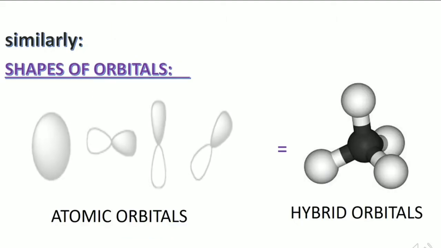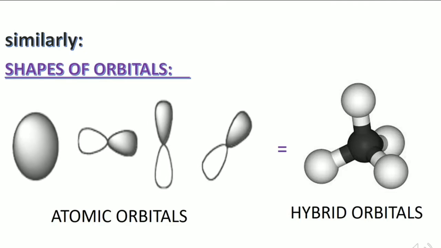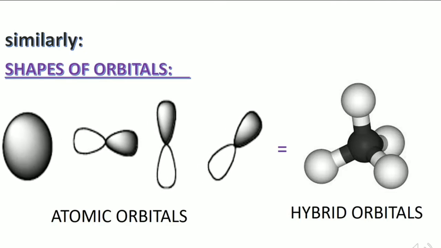Now the shapes of the atomic orbitals. The s orbital is spherical in shape, whereas the p orbitals are dumbbell shaped. They also have different energies, but when we mix these orbitals together, we get hybrid orbitals having the same shape, size, and energy.